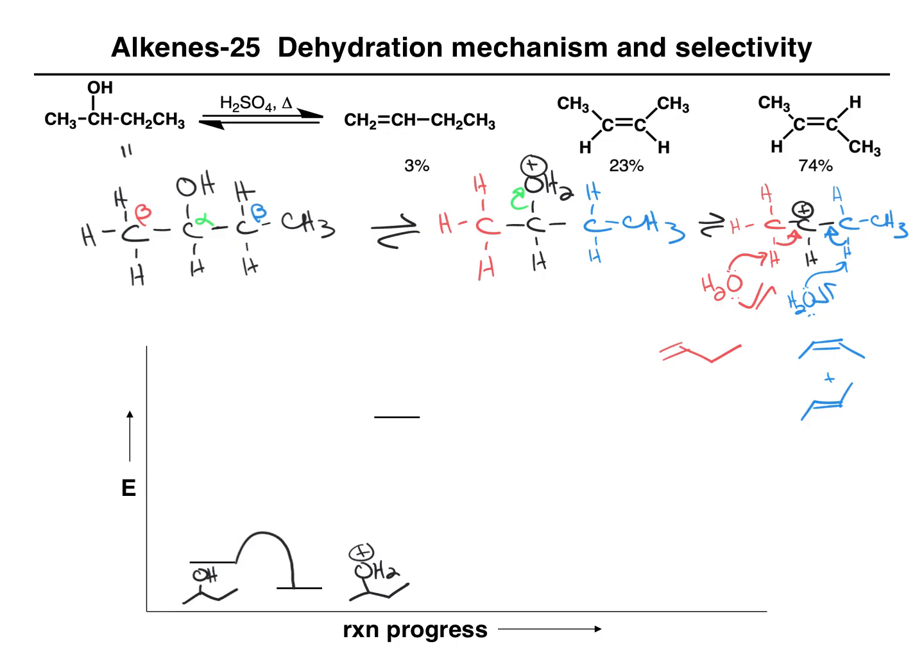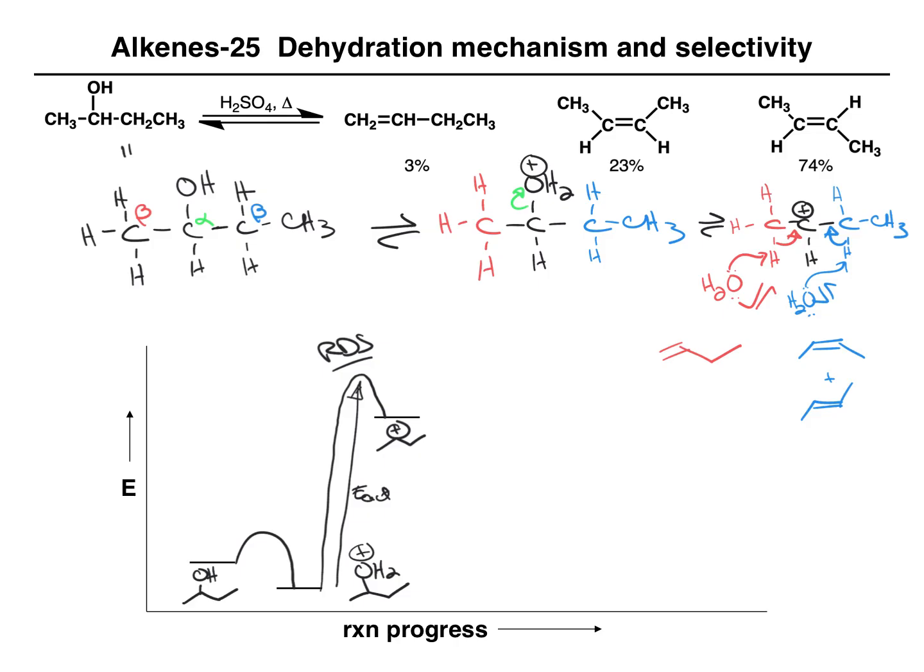Now this is the energy of our carbocation. And considering the reaction pathway, this molecule is going to pass through a transition state until it gets to this intermediate. Because this is the formation of a carbocation, we know that this has a very high activation energy, and this is going to be our rate determining step.